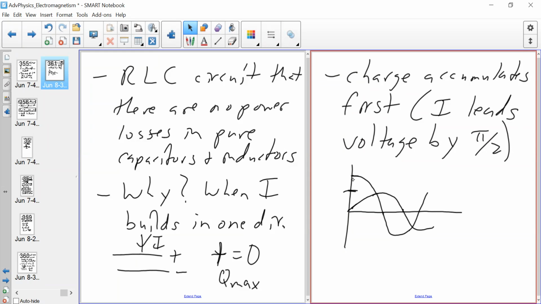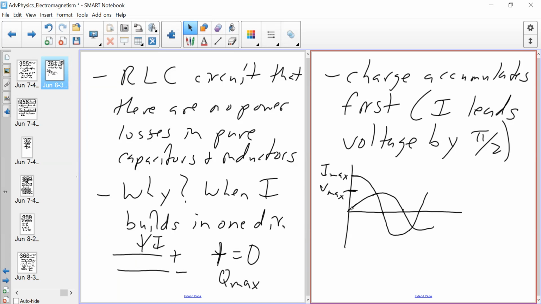So we have Vmax, Imax, and we've already seen the equations as to why Imax is going to lead by pi over 2 over the voltage. So again, just to repeat that, current's coming in, builds up charge, then we have voltage. Current builds up voltage.